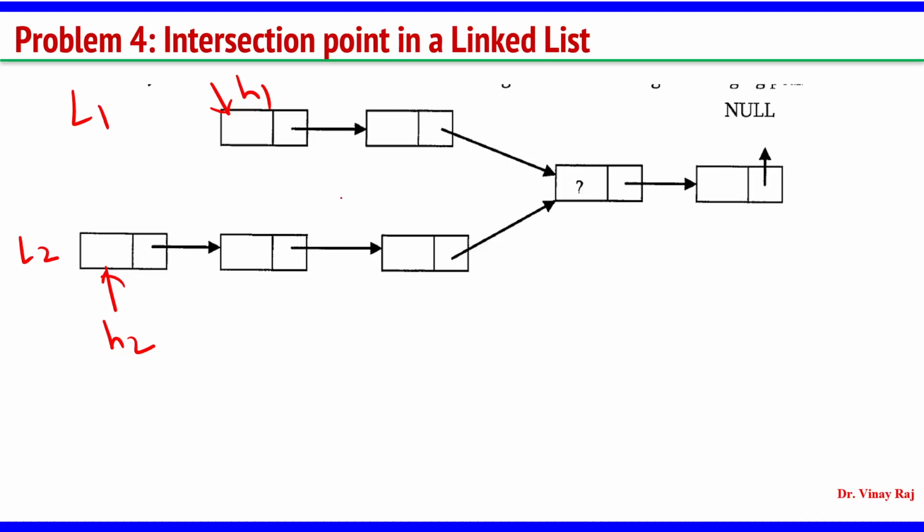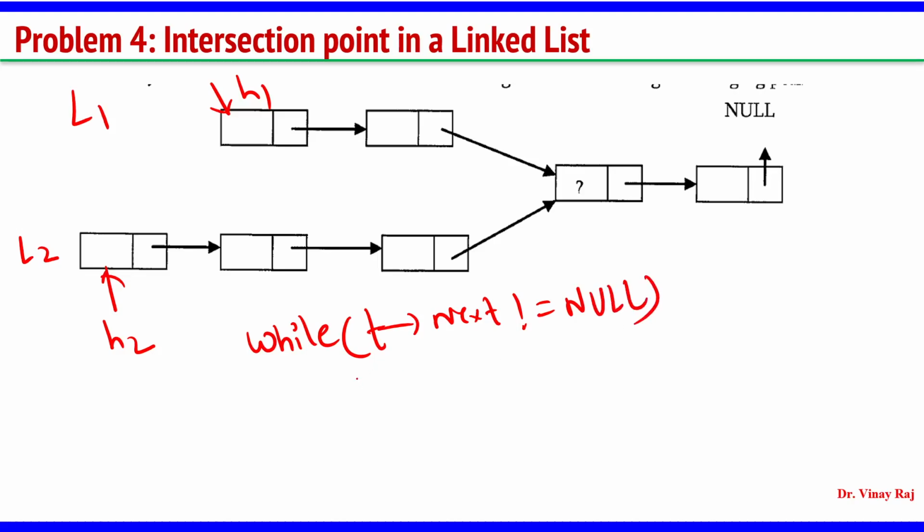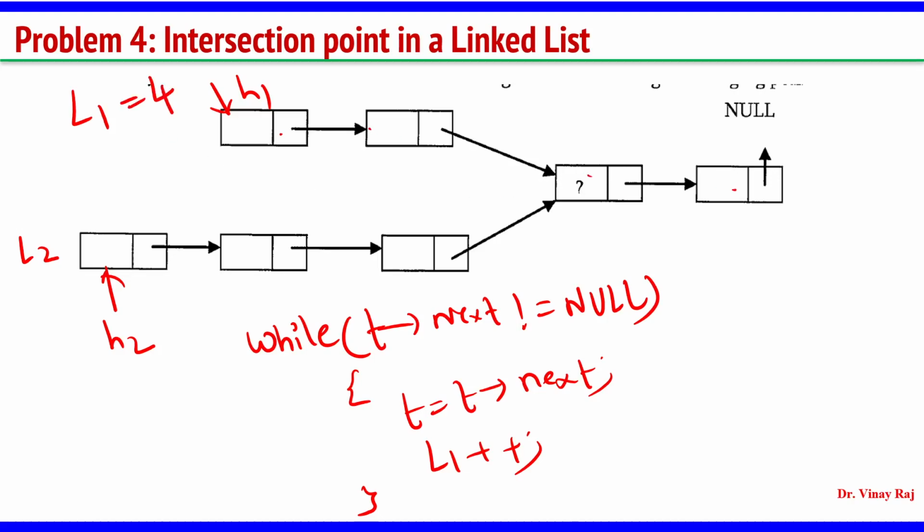First thing, you find out the length of the first list using the normal logic, taking a temporary pointer, while temp next not equal to null, simply do t equal to t next and L1 plus plus. This loop will give you the length of the first list. So let us say 1, 2, 3, 4. So we come to know the length of list L1 is 4. Same way you do it for L2, you come to know L2 equals 5.